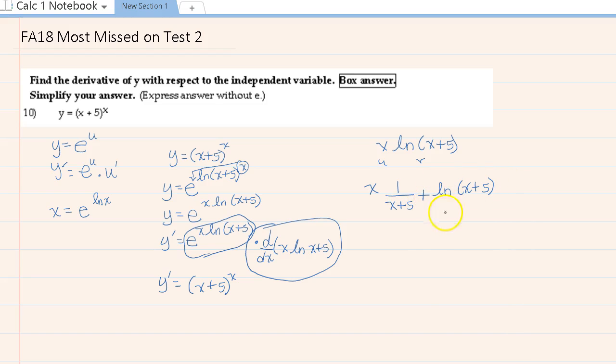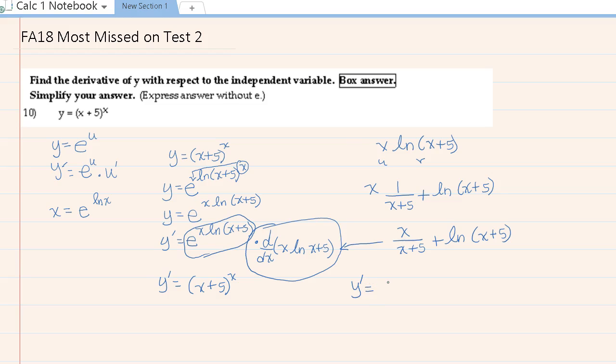So we're done. So we're going to see that this part is going to be x over x plus 5 plus the natural log of x plus 5. Remember, this is the derivative of our u.